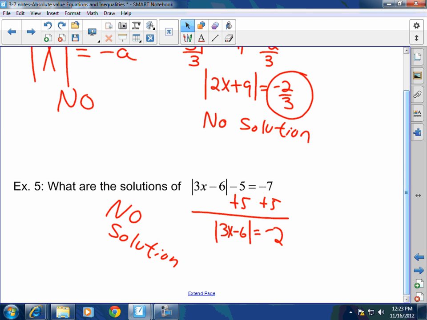If an absolute value is greater than a negative, keep going. But what about if an absolute value is greater than or equal to a negative? Keep going as well.